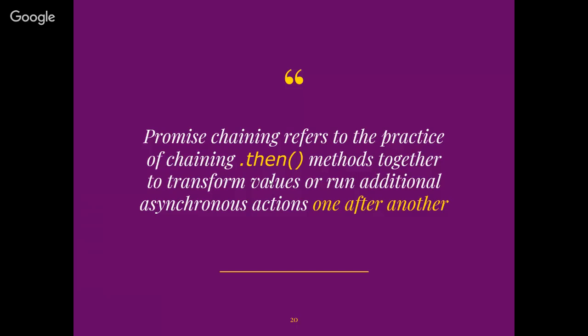So once a promise is resolved and we pass on the value to the next promise using the dot then method, we can perform some additional manipulation on that specific value and then pass it on to the next function, or use it if we have completed all the manipulations we want on it.